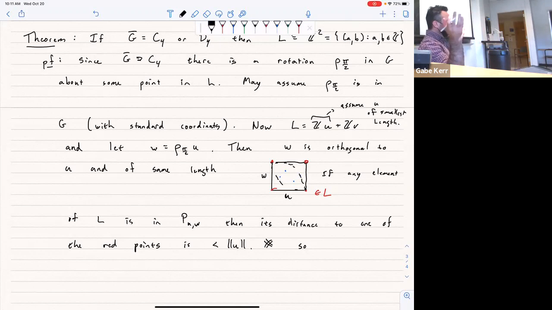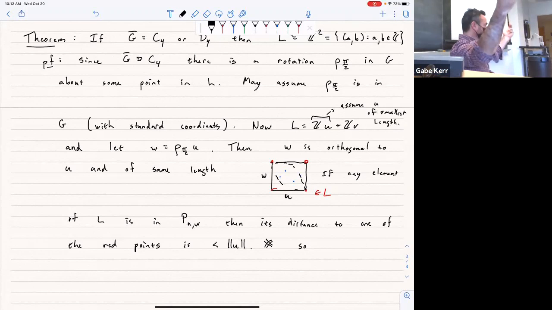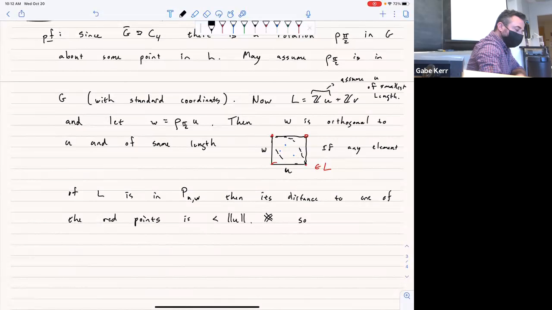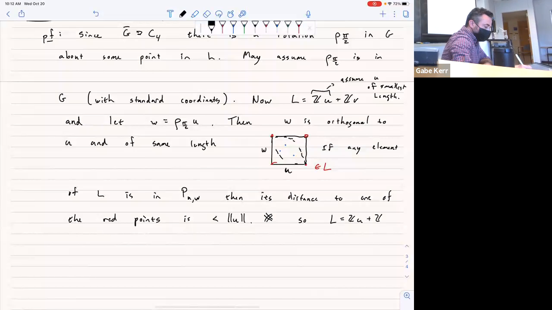But as I said, any element of the lattice can be translated using U and W to some element in that square. So the only other elements of the lattice are actually just in the integer span of U and W. In other words, V is a combination of U and W. And this is the square lattice. L is isomorphic to the square lattice.